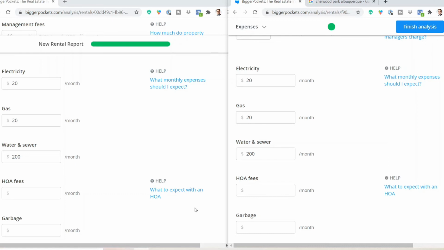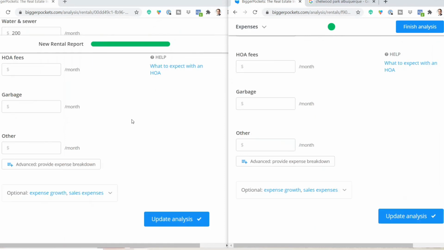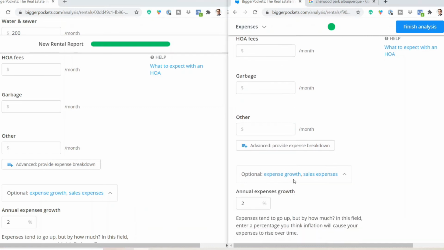I think that $40 a month for combined utilities is a pretty conservative estimate, unless of course your property remains vacant for a very, very long period of time, perhaps during winter where you do not want your pipes to freeze.